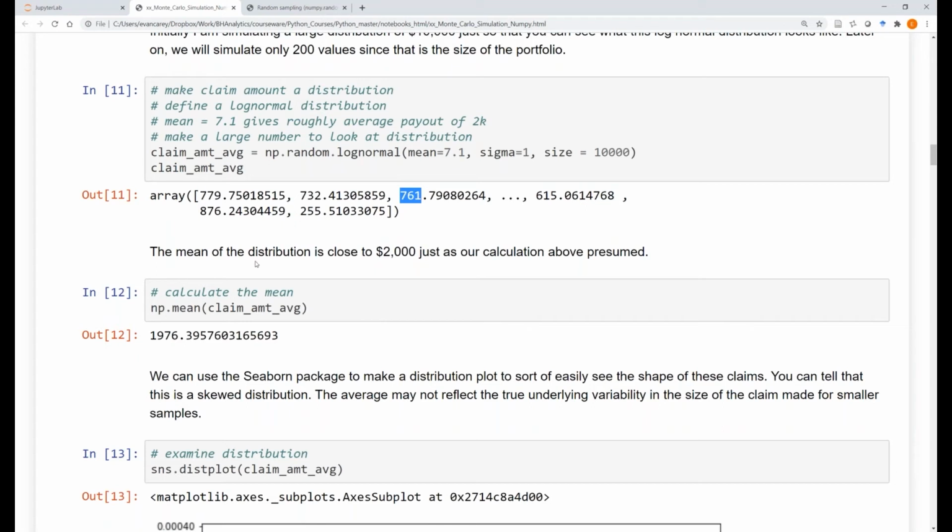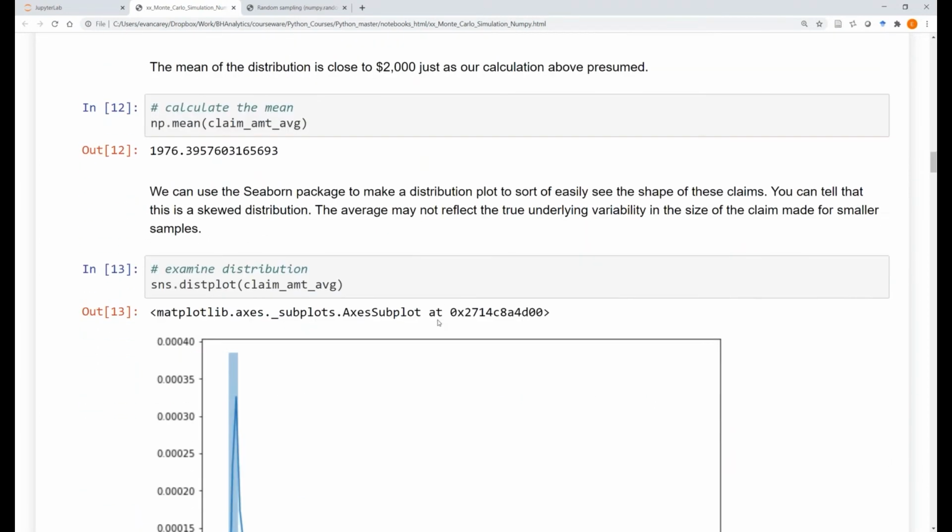If I look at the average of this distribution, it's pretty close to the $2,000 that we started with. So the expected value of the distribution, the mean, the first moment, is roughly $2,000, about 1,976.